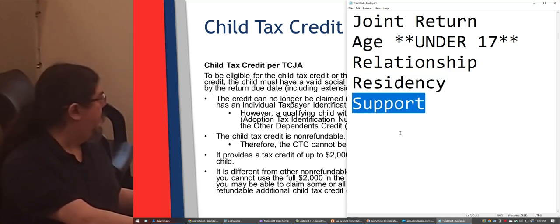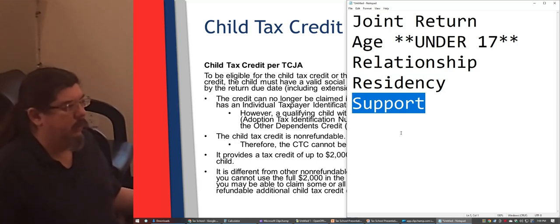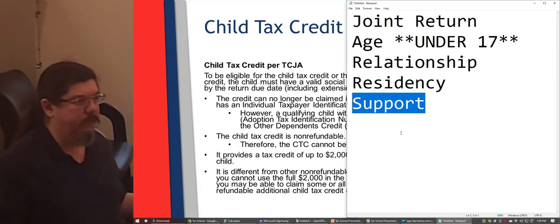And support means 50% or more of the support for the year. No. Remember, it's confusingly worded when we're talking about the support test for qualifying child. Support test says that the child must not provide more than half of their own support.